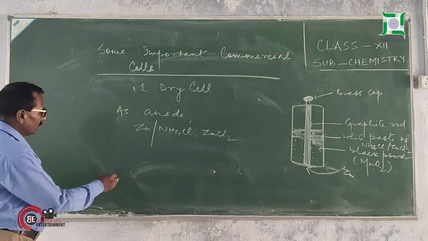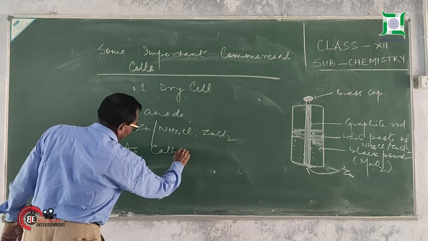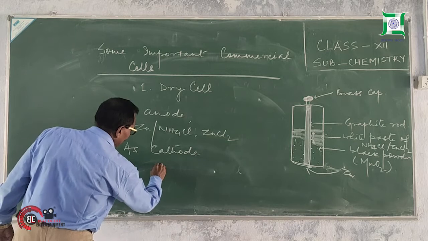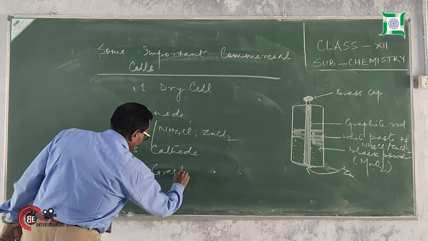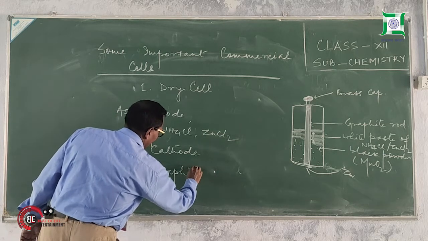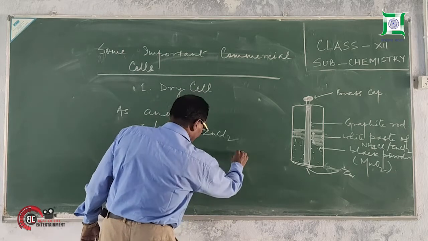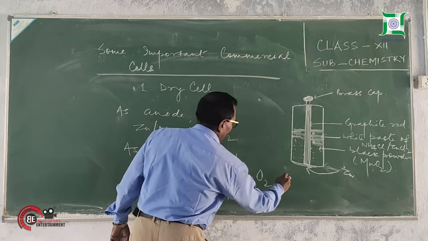And as cathode, we can write graphite in the form of carbon in contact with MnO2.